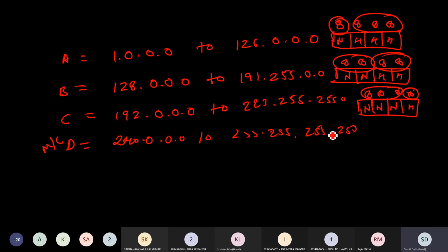So guys, who will tell me what is the meaning of default subnet mask? What is the use of default subnet mask?